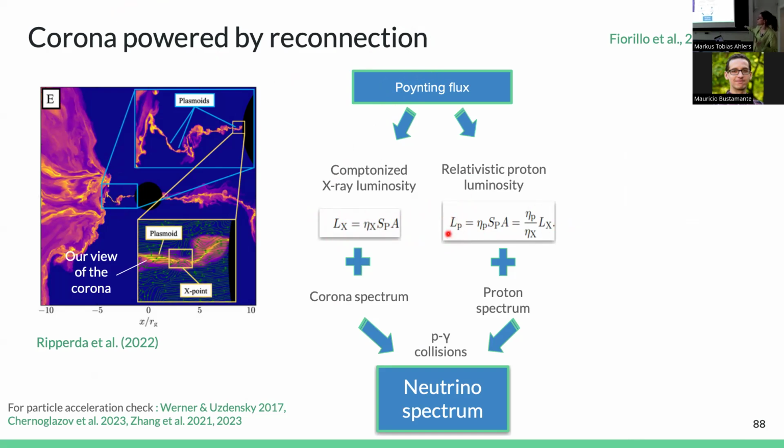You see, the protons cannot have much higher luminosity than the X-ray luminosity, which is an observable in our case. So this is pretty nice because we can constrain our model. We cannot arbitrarily say that the protons in the corona carry a luminosity which is 100 times greater than the X-ray one, simply because they share the same kind of origin in terms of energization.